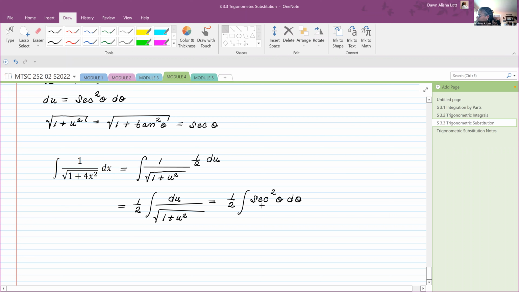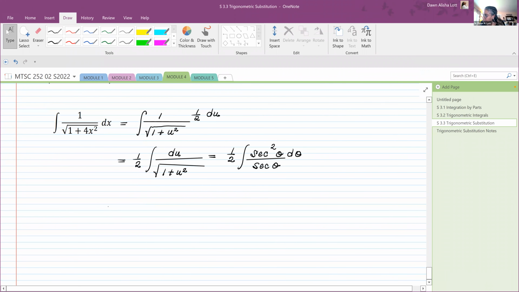And then that square root is also secant theta. So this is a nice integral. This is just 1/2 the integral of secant theta d theta.